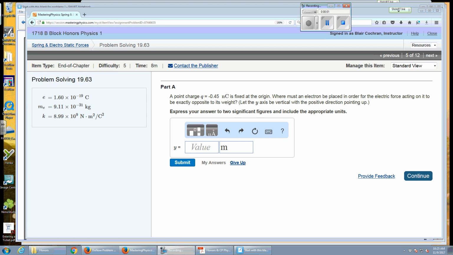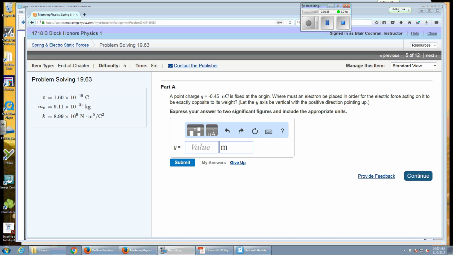All right, so we're going to do number 5 here. We've got a point charge that happens to have the negative type of charge on it at the origin. And then it says where must an electron, what type of charge does an electron carry? Negative type.